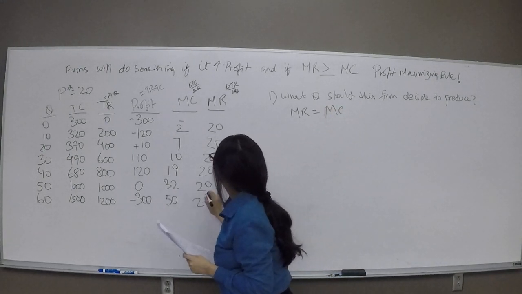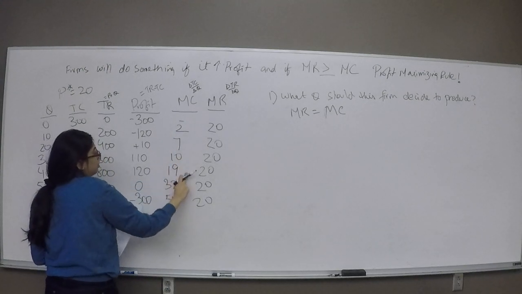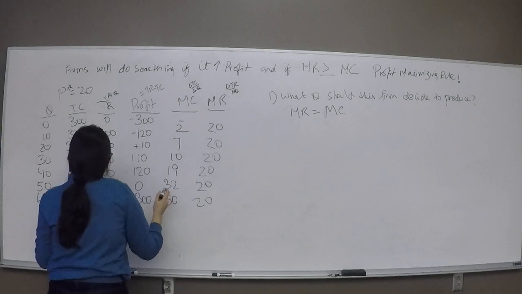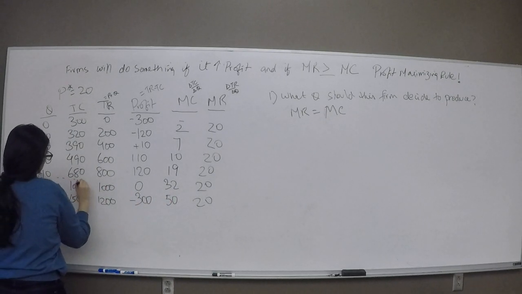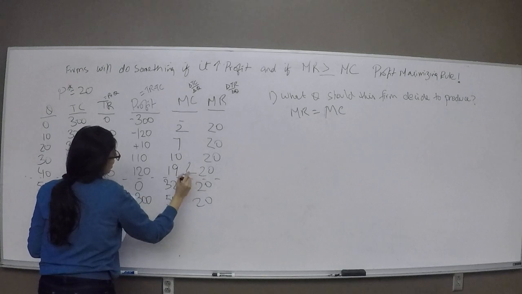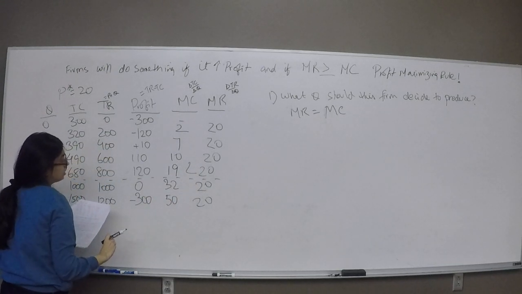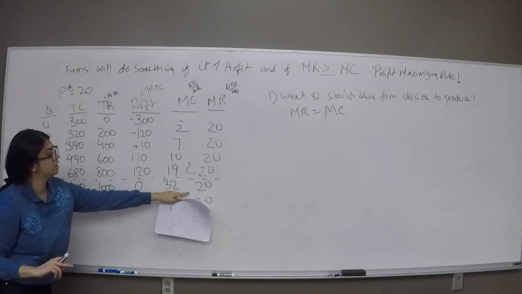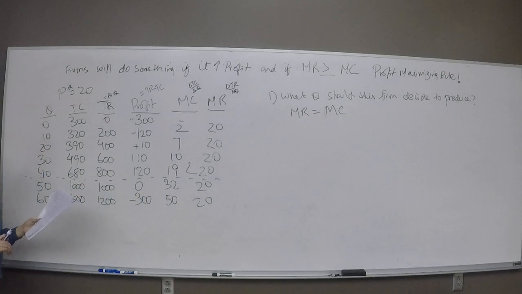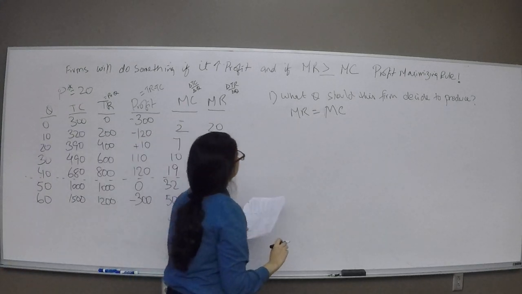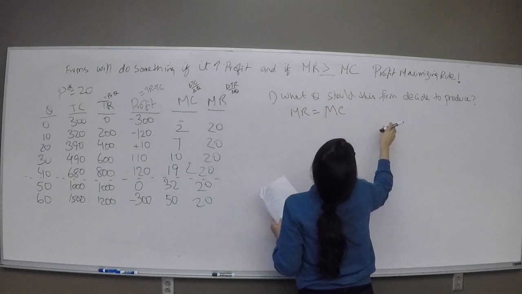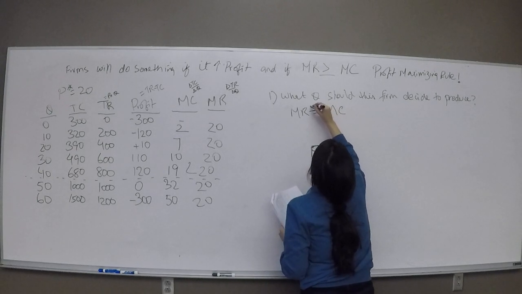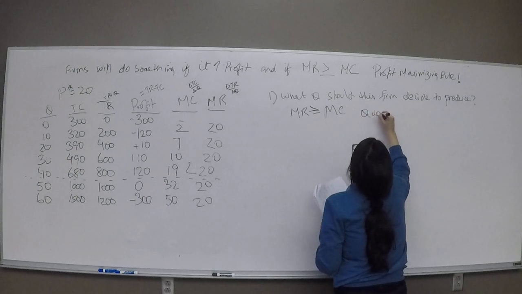So where is marginal cost and marginal revenue? At 40, marginal revenue is greater than marginal cost. They should not produce quantity 50 because marginal revenue is less than marginal cost. So they should produce wherever marginal revenue is greater than or equal to marginal cost. So quantity 40 would be the answer.